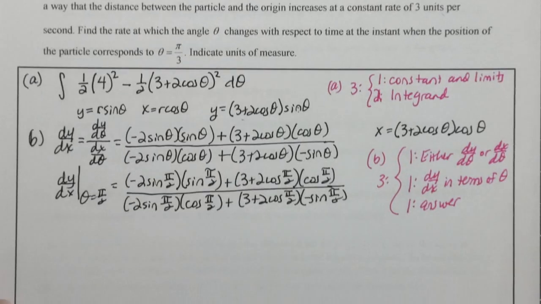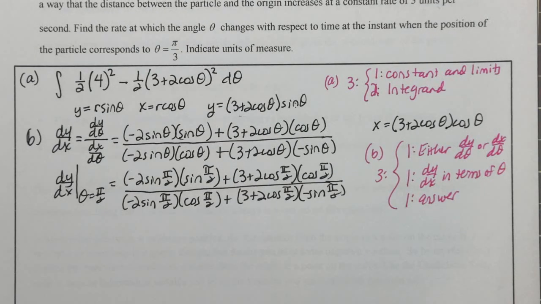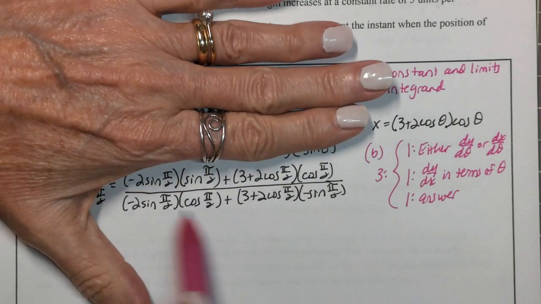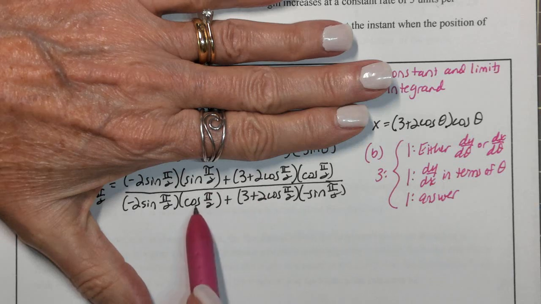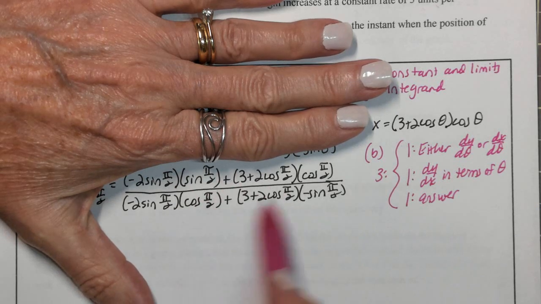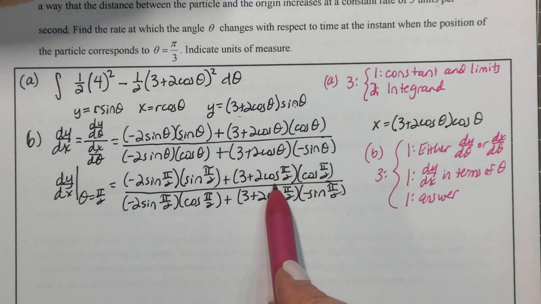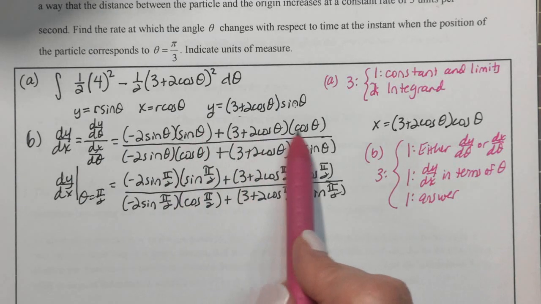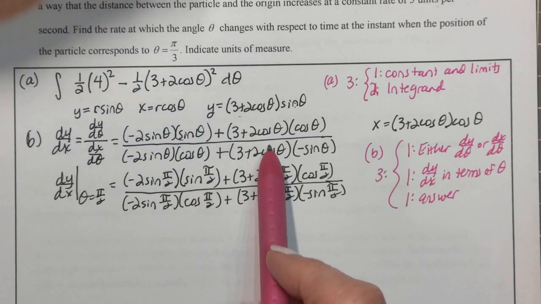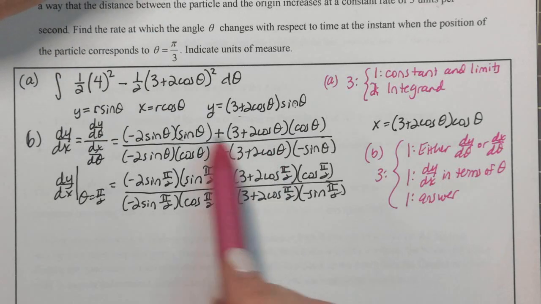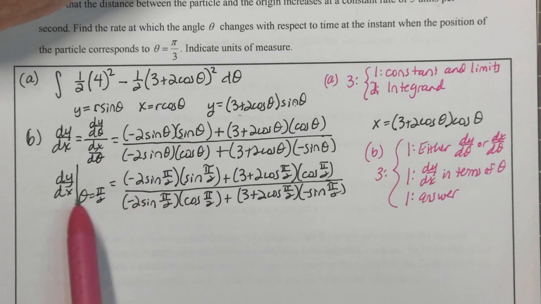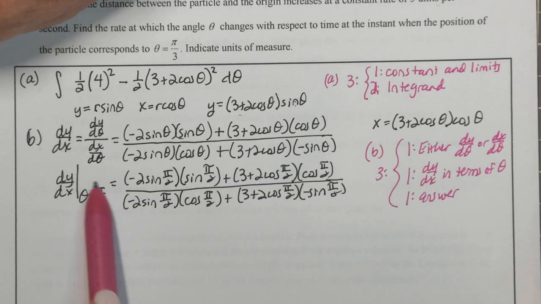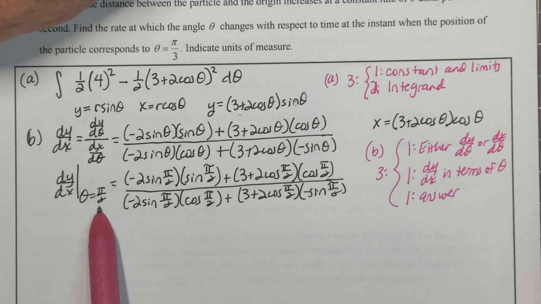Now, would you have gotten full credit if you had just written down your answer? Yes. If it was correct, you would have gotten full credit for just the answer. In other words, I didn't have to write this with the thetas in it. However, if you went straight to your answer, you have to say that it is dy dx at pi over 2.